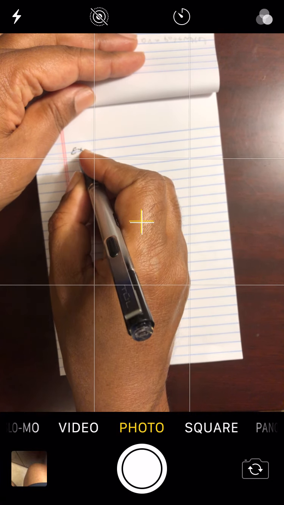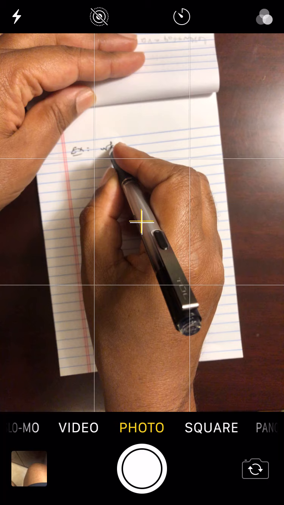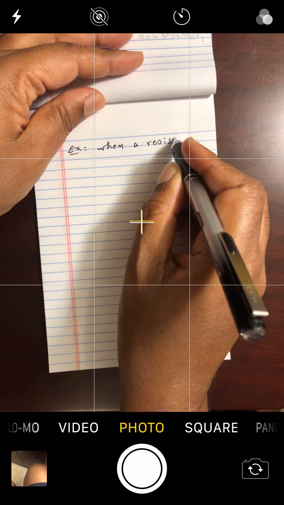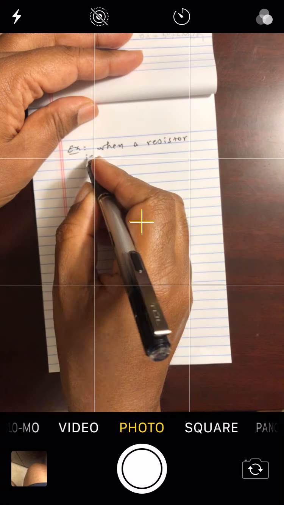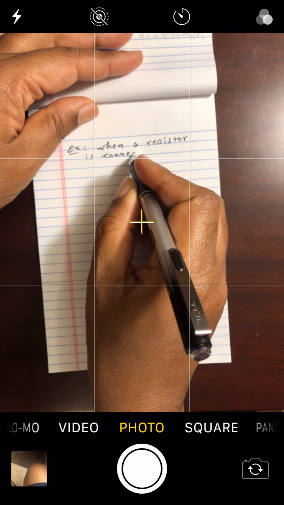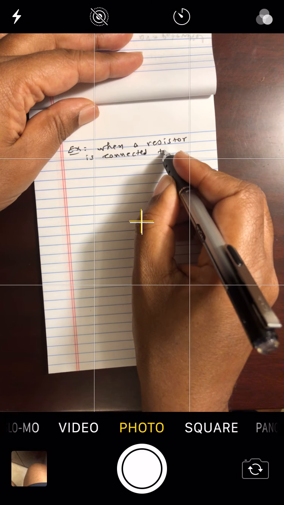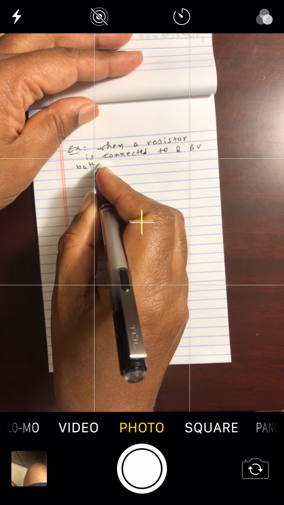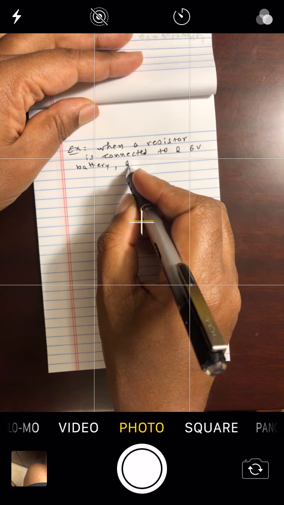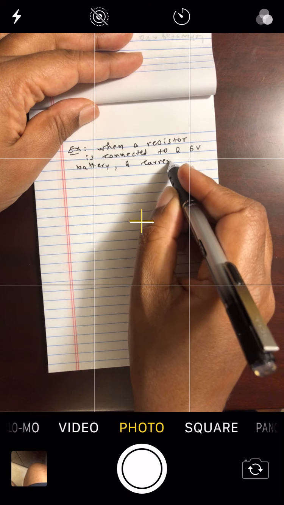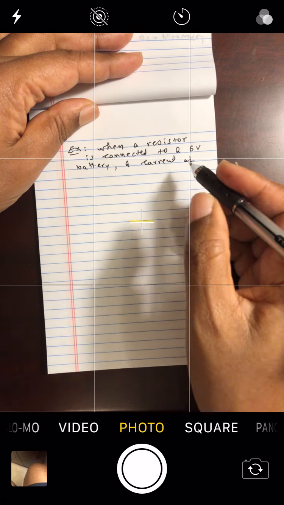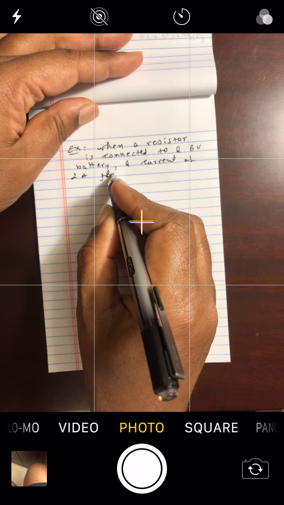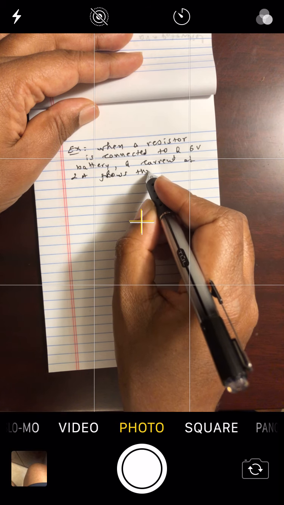So, example: when a resistor is connected to a 6-volt battery, let's say a current of 2 amps flows through it.